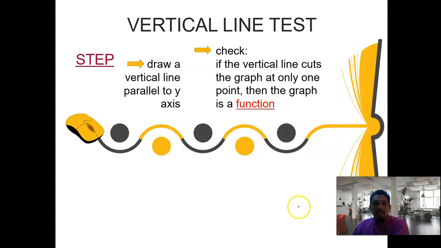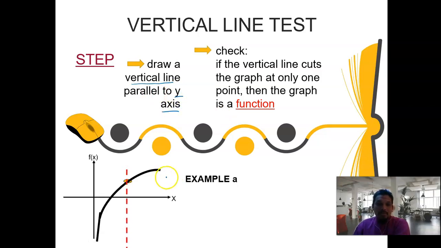So, vertical line test: draw a vertical line parallel to the y-axis. So now, for example, as you can see on the screen, the red line is cutting at one point of the graph, where this red line is parallel to the y-axis.